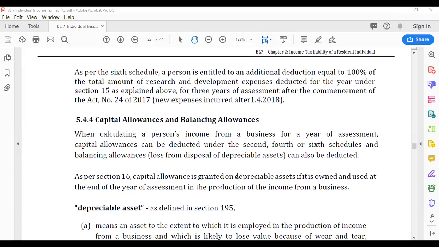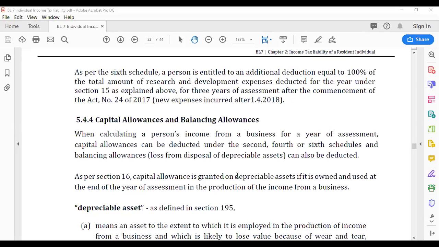Normally we make provisions for capital assets. Capital assets include property, plant, equipment, machineries, furniture, motor vehicles. For those sorts of things, we calculate depreciation. The depreciation is not a deductible expense under the provisions of the Inland Revenue Act.